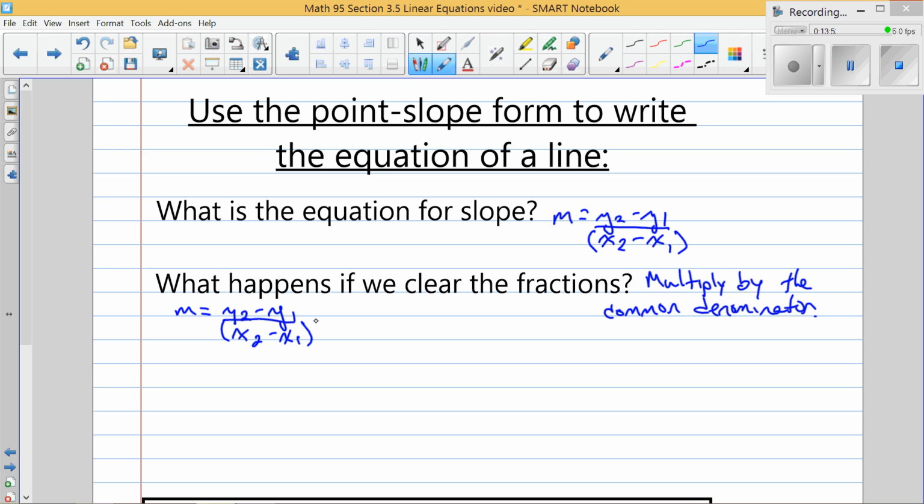And I want to multiply both sides by that x2 minus x1. So over on the right-hand side, those two cancel out. So right now, I am left with x2 minus x1 times m equals y2 minus y1.